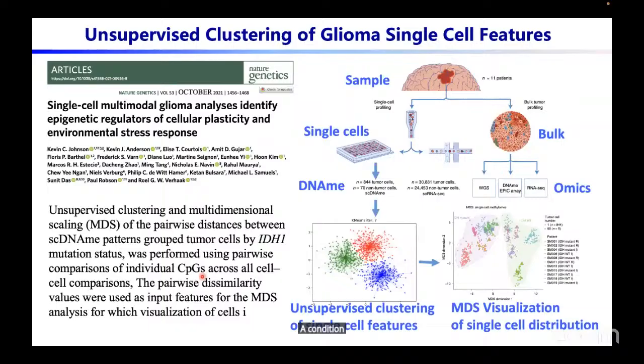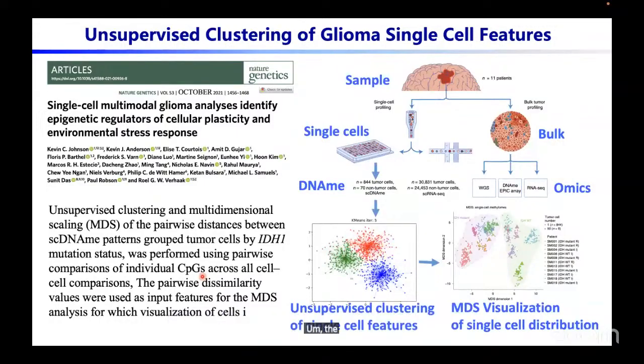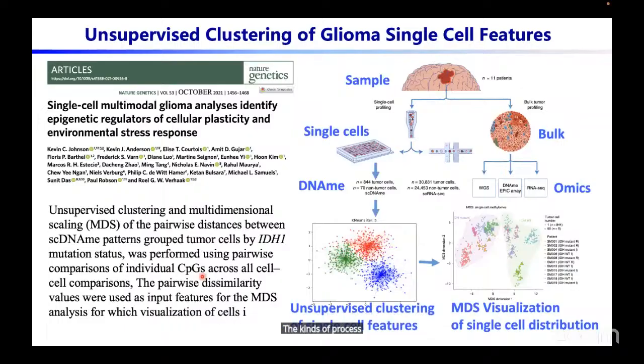Under those conditions, we can expect the sample should have some response. In this particular case, this is a glioma. So essentially, it is a glioma, kind of a cancer problem. So we can imagine that the environmental factor can make the cancer process even worse, right? We want to study that.